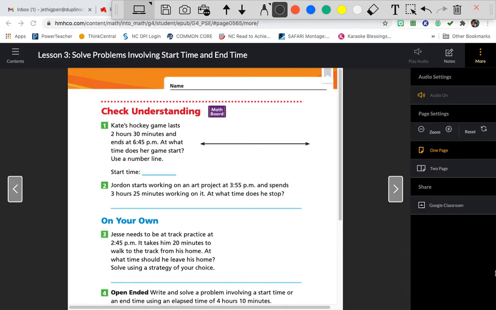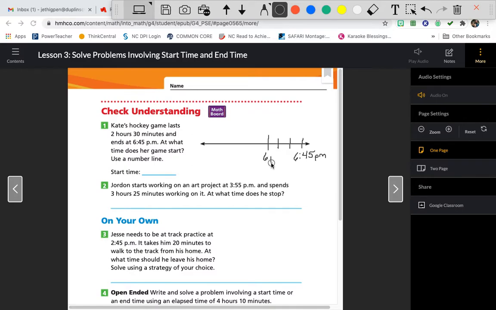Kate's hockey game lasts 2 hours, 30 minutes, and ends at 6:45 p.m. At what time does her game start? Use a number line. So we know the game ends at 6:45. So that's where we're going to end our number line on the right side. Okay, then we're going to put, let's say, this would be 6:30, 6:15.